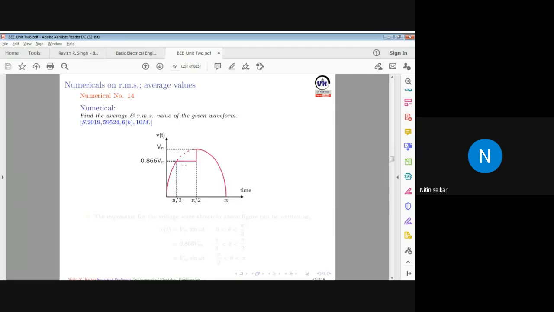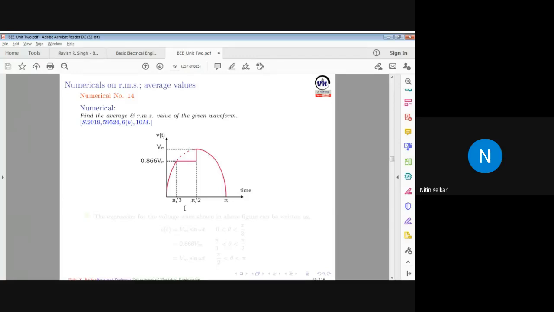Now this is the complicated one, and therefore I request all of you to please pay proper attention to this numerical. So please have this particular waveform in your notebook.